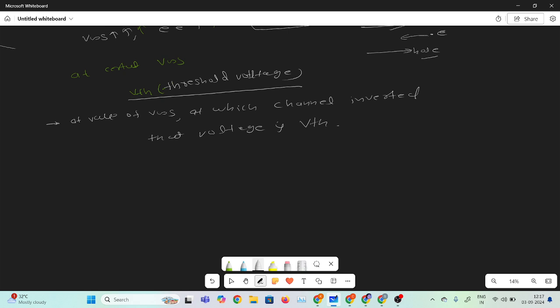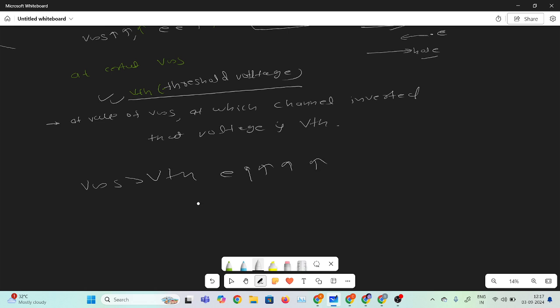That voltage is called the threshold voltage. If we apply further voltage, VGS greater than VTH, then more and more electrons will come into the channel and it will behave as a conductor.